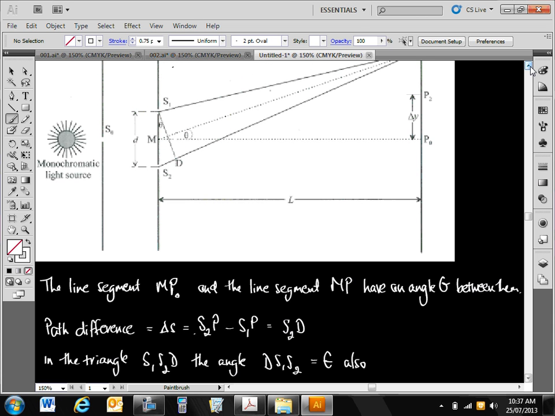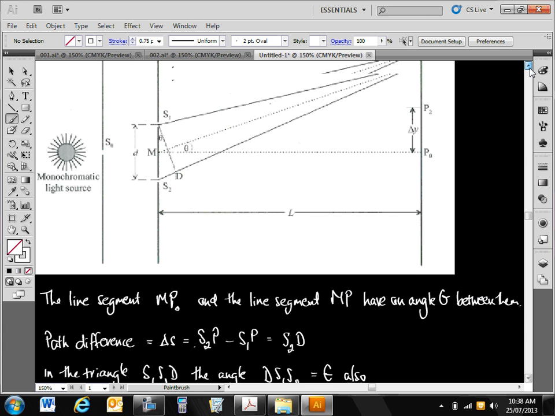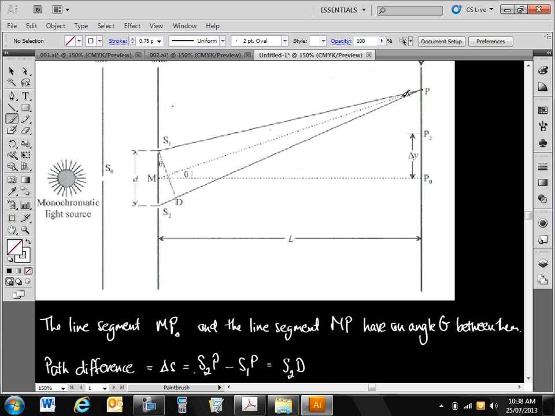I have to get this next part right. In the triangle S1PD, S1 up to P, down to D, angle S1PD, the angle right at the top here up at P, is very small.